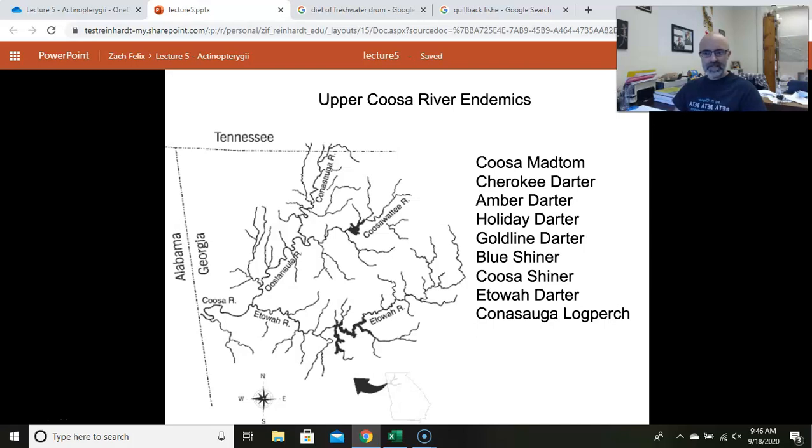I've seen some papers showing that the snail species that live in the Etowah, their genetics indicate that they have been in those systems and evolving relatively little since before the dinosaurs existed here, right? So these are ancient systems and have had a lot of time to build up this amazing diversity of fishes.